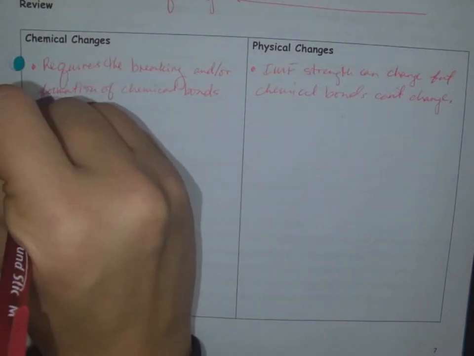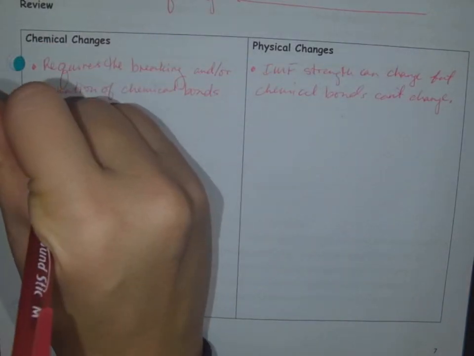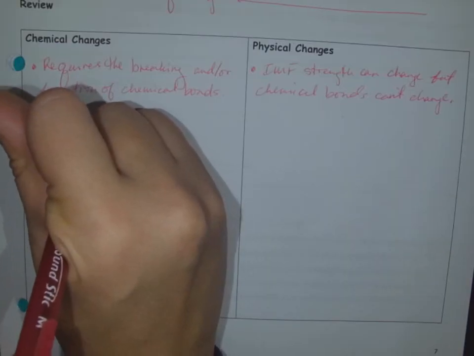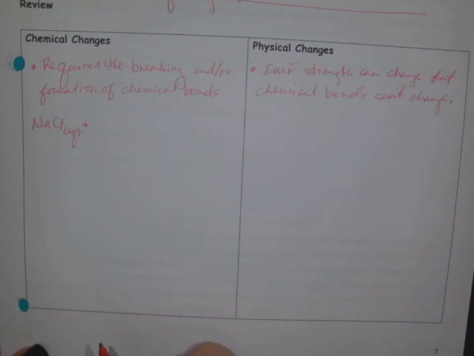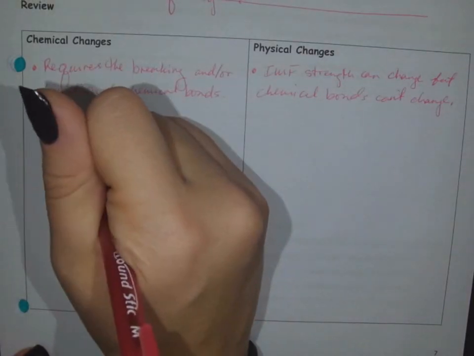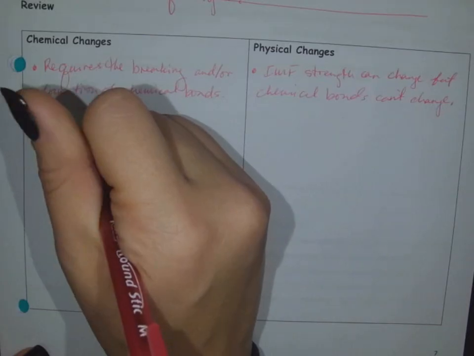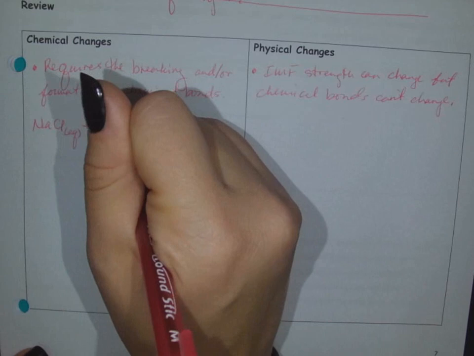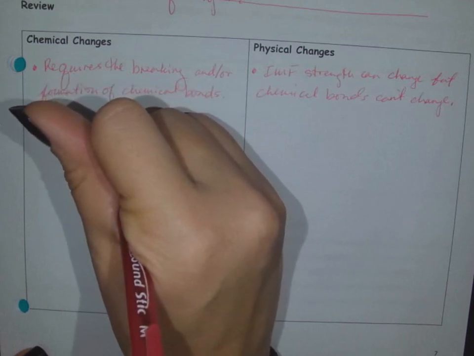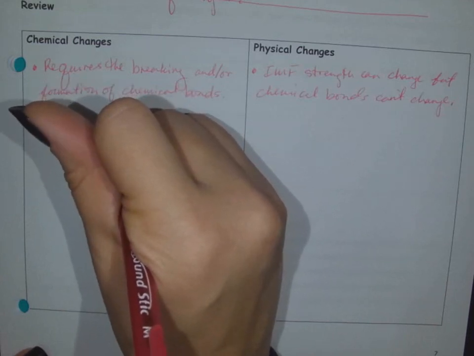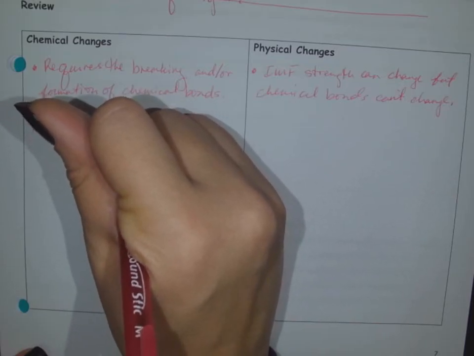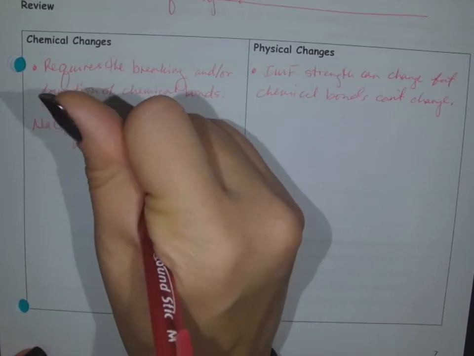What if we have NaCl aqueous, and this is going to react with a silver, Ag, sorry, yes, Ag2O.